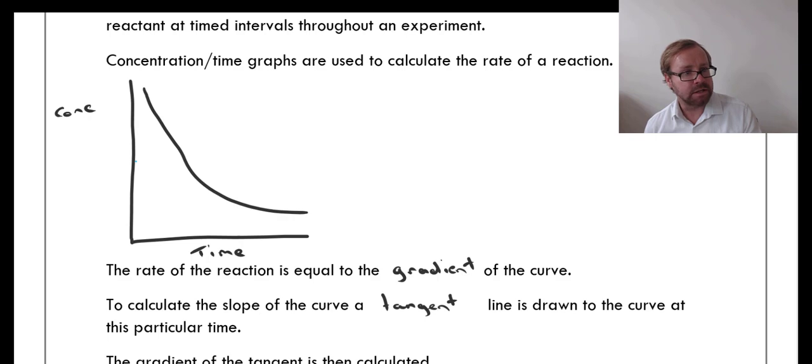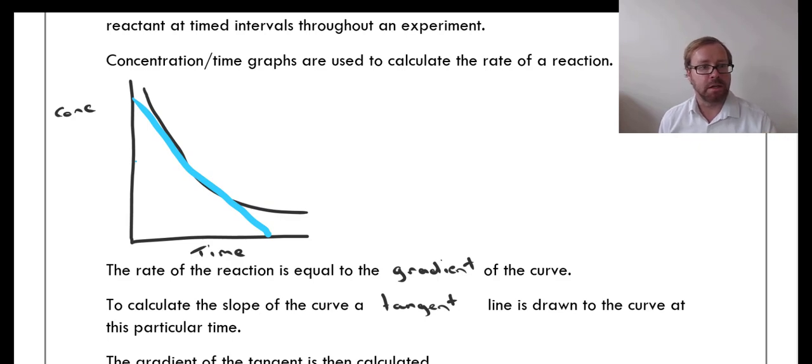So say I want to decide what the rate of reaction is here, I have to draw a tangent line which would go down like here. Okay, it's a bit thick, that one, but you get the idea. Obviously you will be using a ruler. We can then work out the gradient using this tangent line at this particular point. So here is my gradient that I'm calculating.